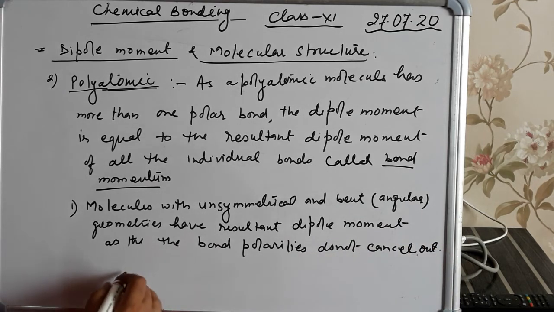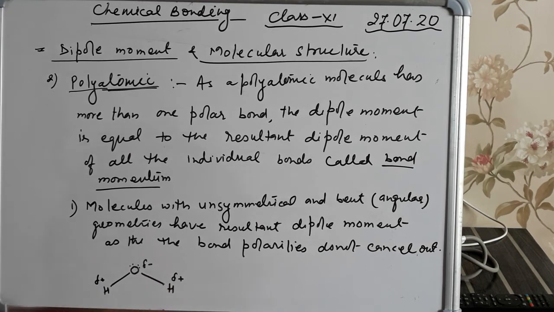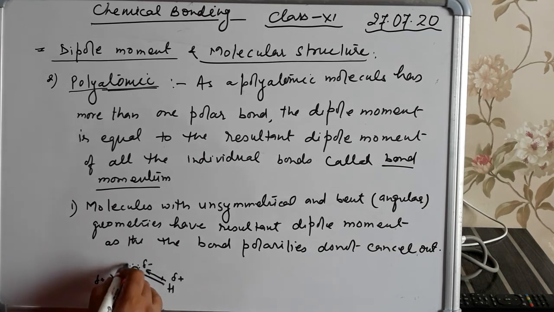For example, if we have a water molecule, H2O, the oxygen has two lone pairs and is more electronegative, so it carries a negative charge and the hydrogens carry a positive charge, with arrows towards the more electronegative atom.